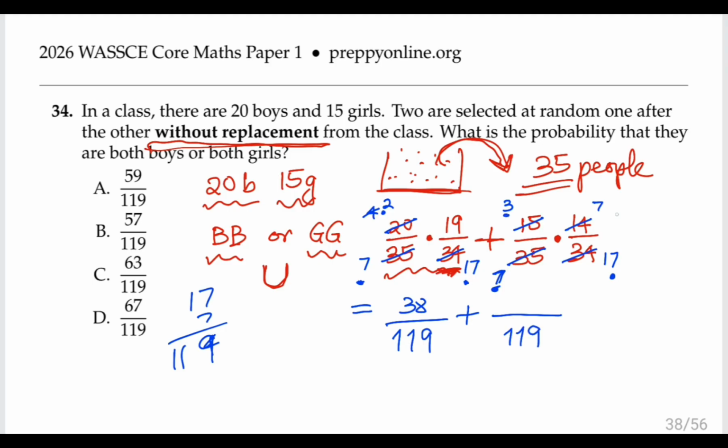And then we have 3 times 7, which is 21. So we have 38 over 119 plus 21 over 119. We add the 38 to the 21. We get 59 over 119. So that gives our answer as A.